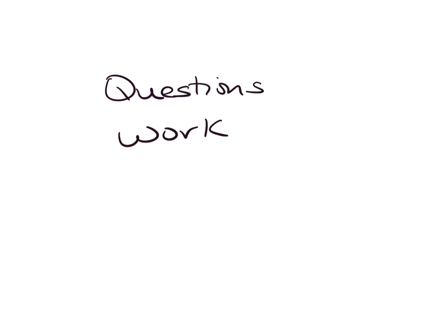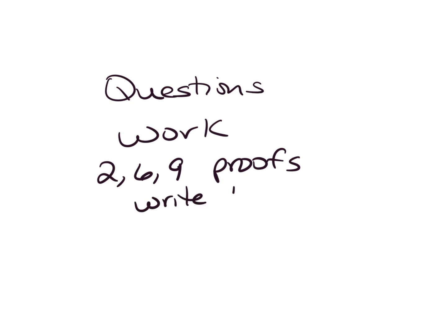Okay, so the questions in the homework, the ones that are going to need work, are going to be numbers 2, 6, and 9. These are proofs. So you're going to write them out. You're going to write them in 2-column format.